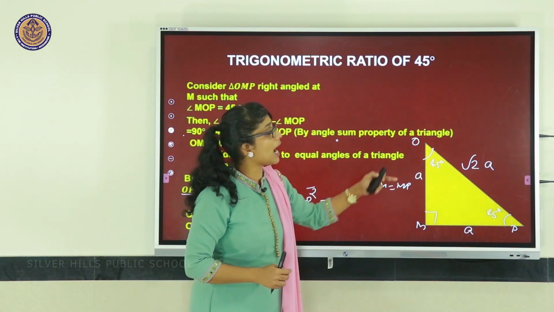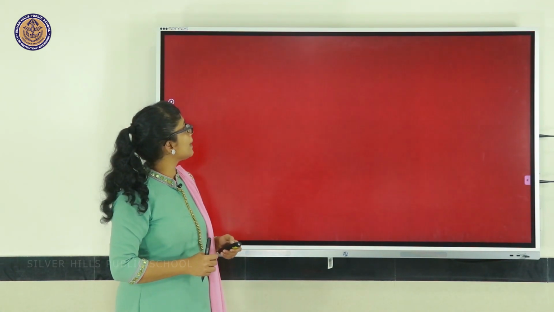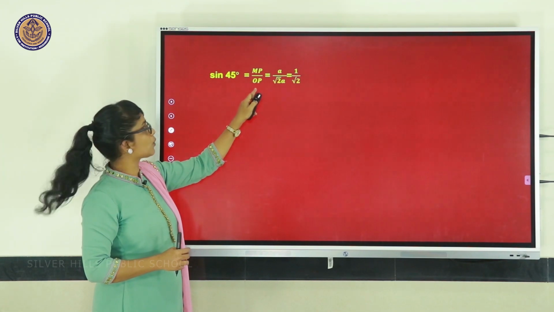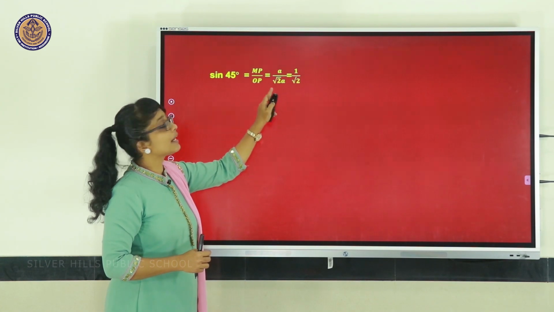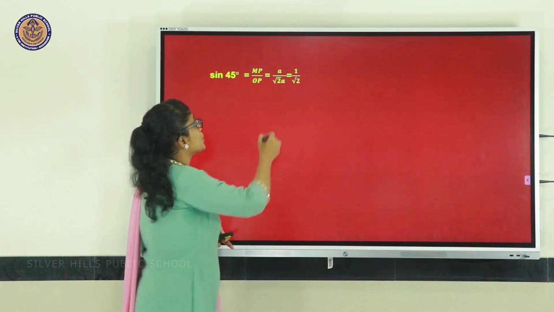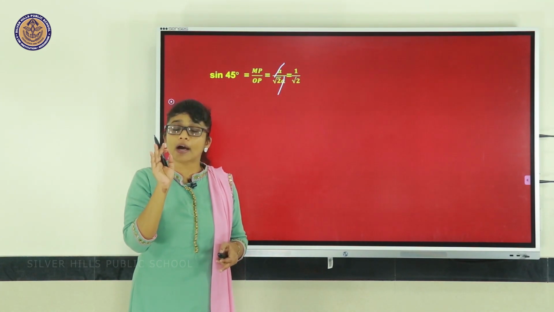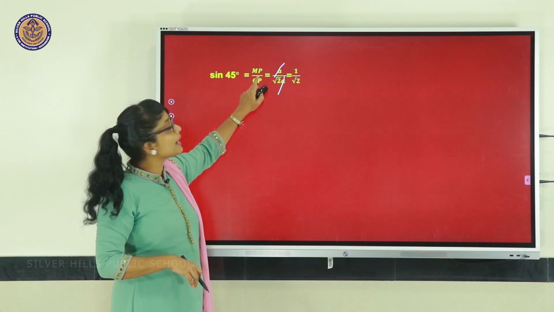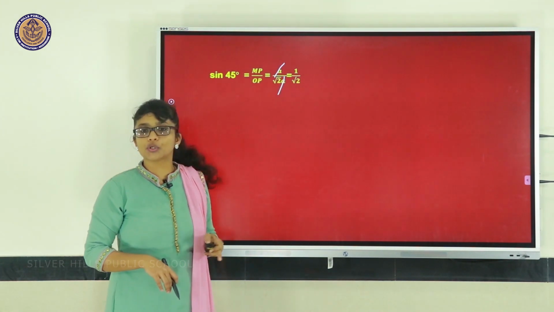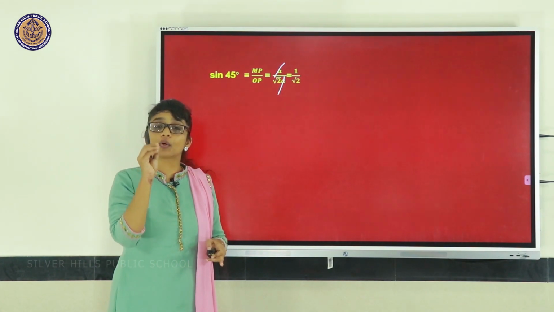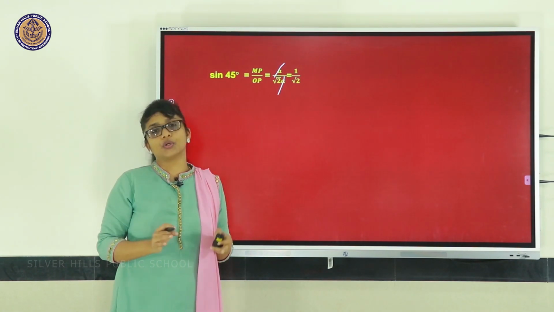That is A. Hypotenuse is root 2 A. So, sin 45 equal to MP by OP, A by root 2 A, equal to 1 by root 2. A we can cancel and the remaining is 1 by root 2.